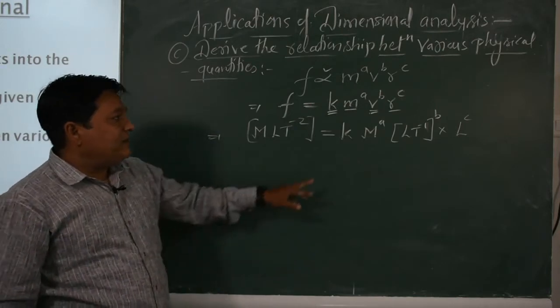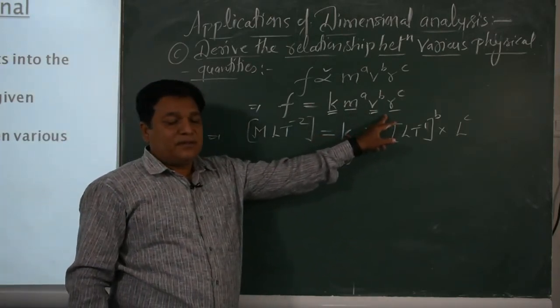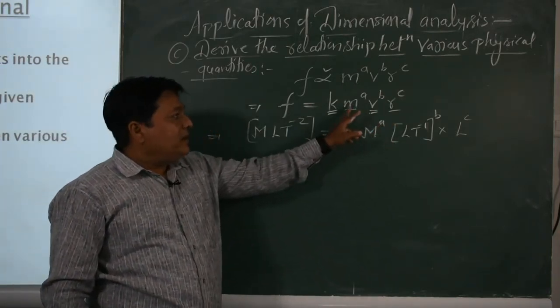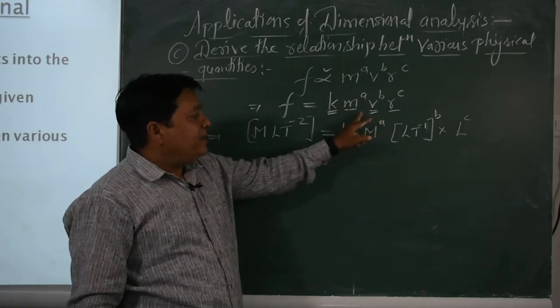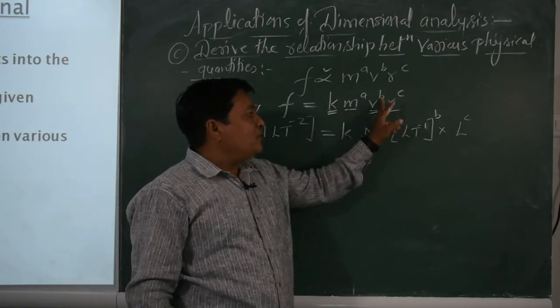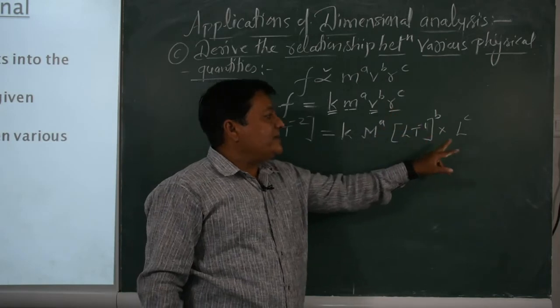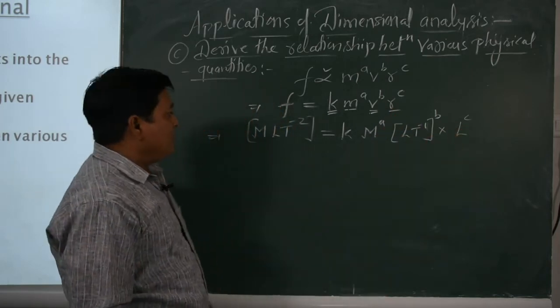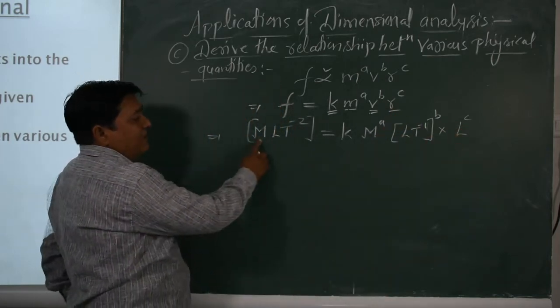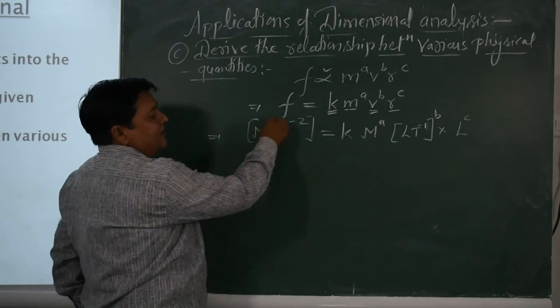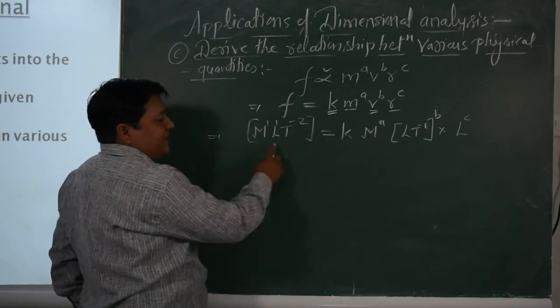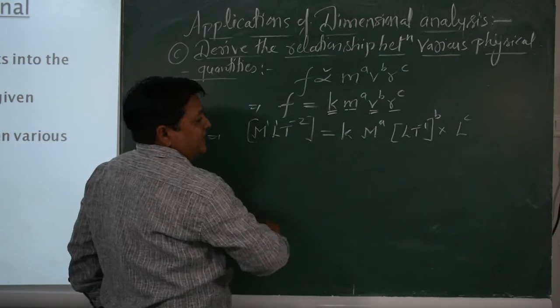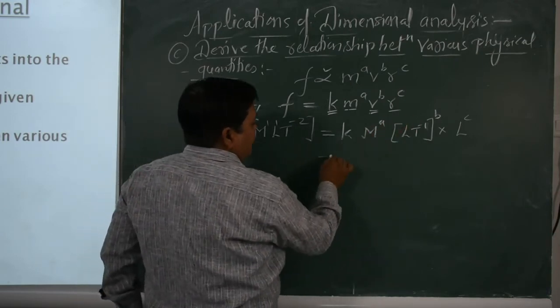So, we have written all these three terms in dimension form, M to the power a, L T to the power minus 1 to the whole power b and for radius L to the power c here. Now, you can see this. The power of mass is 1 here, the power of length is 1 here, and T is minus 2 here. Here we can just see what will be the power.